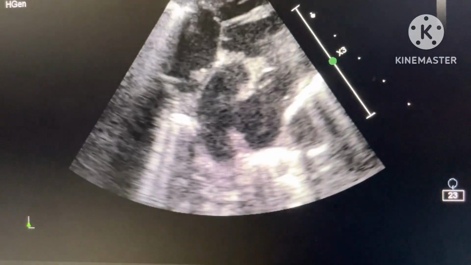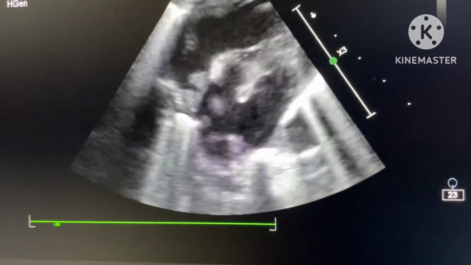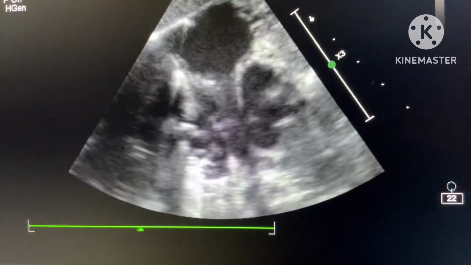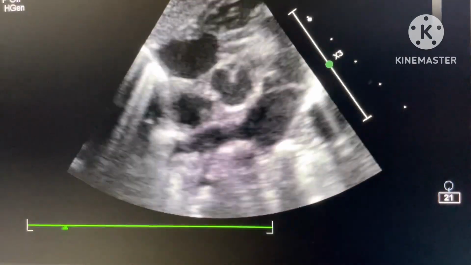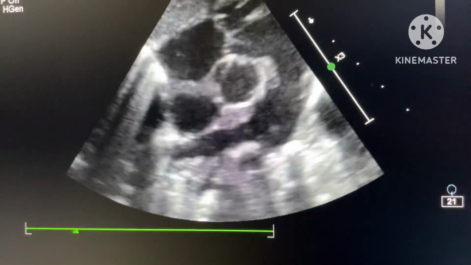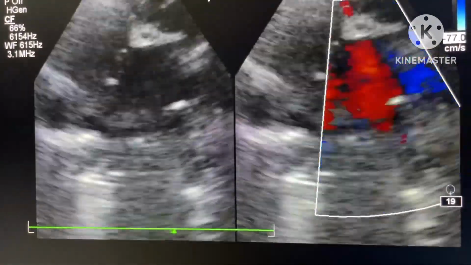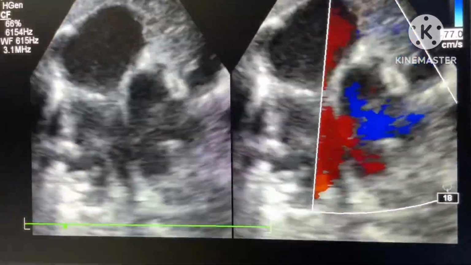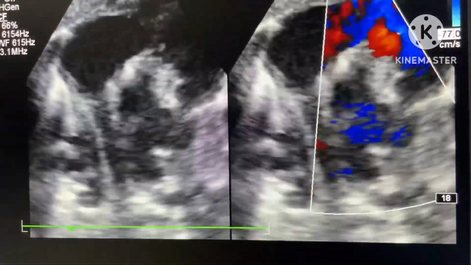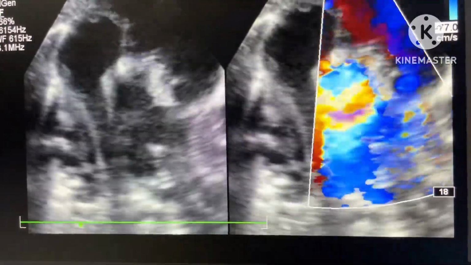You have to put a window. Again, window, let me show you the same thing again. Window, aortopulmonary window. You don't find much flow through window.